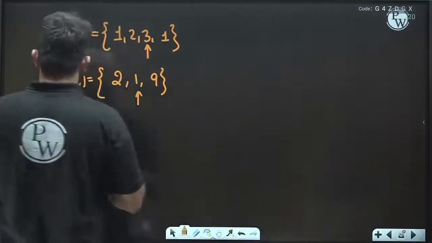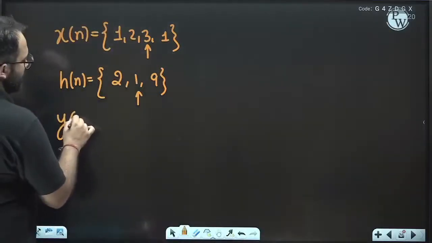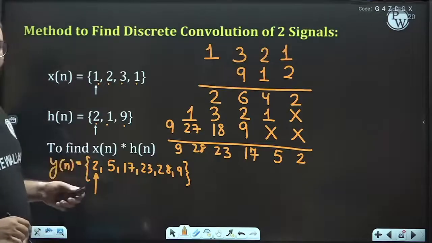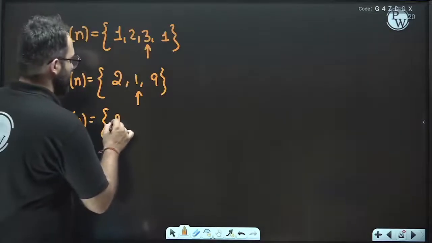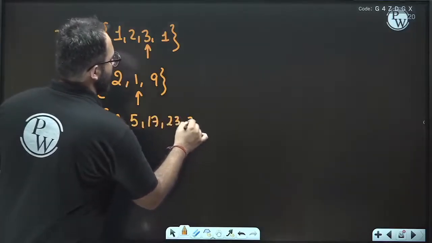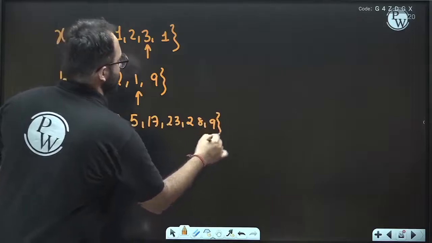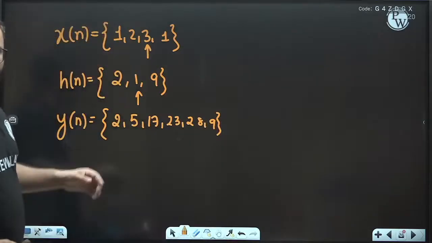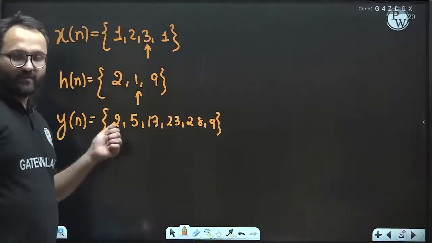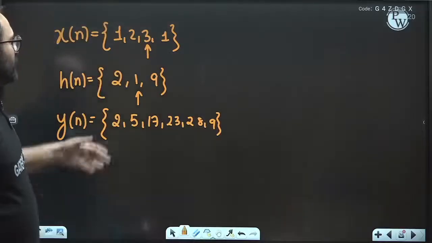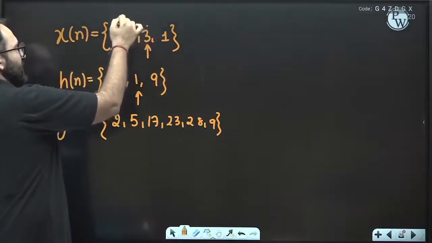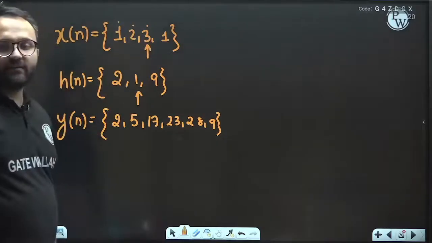The values will remain the same: 2, 5, 17, 23, 28, 9. Now we just have to see where the arrow has to be placed. Here we can see that this is the 0 location, this is -1, -2. So x[n] is starting from -2.